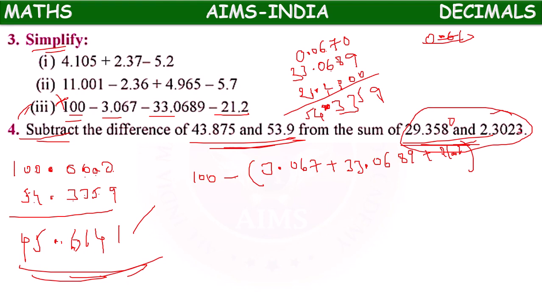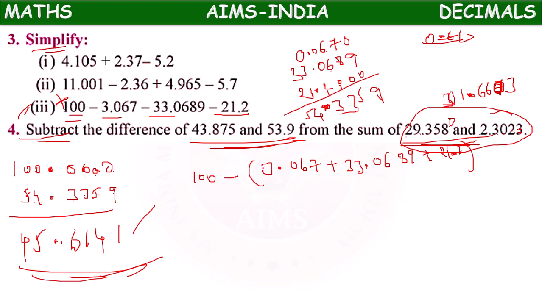Last one. 3 plus 0, 3. 2 plus 5, 7. 0 plus 3 plus 0, 3. 2 plus 8, 10. 1 remaining. 1 plus 0, 1. Plus 5, 6. 3 plus 3, 6. Point. 2 plus 9, 11. 1 will be remaining. 1 plus 2, 3. So 31.6603.